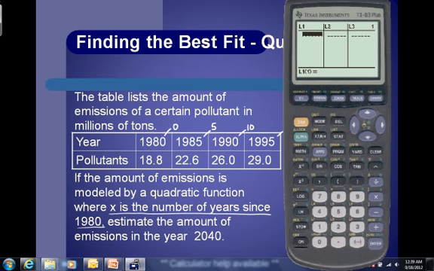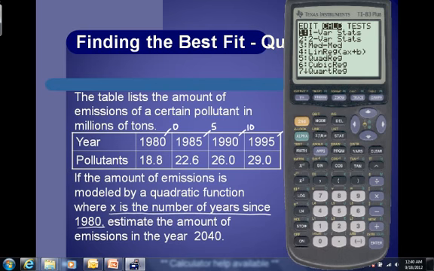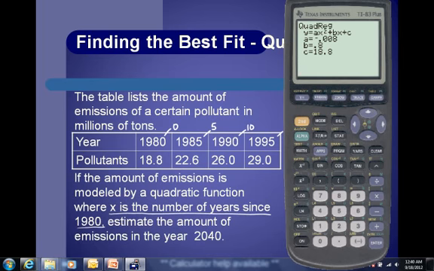So when we start, we're going to have in L1 the x values of 0, 5, 10, and 15. Enter the y values. So once we get our y values in there, we're going to go Stat, Calculate. We want the quadratic regression number 5. Press enter, and that gives us our quadratic regression equation.